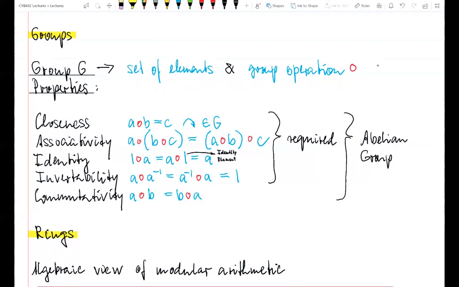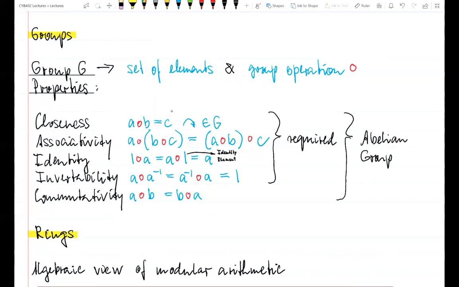So what are the important properties of groups? So first off, when we apply the group operation to two elements in the group, what we expect to happen is that the result is also going to be in the group.